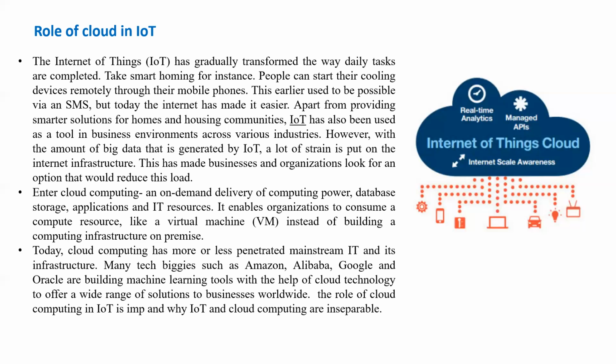Generally this cloud-based environment is very suitable for Internet of Things, as it is producing a large amount of data, and it also requires computing services. It may also require networking services. All these things are provided by the cloud, and hence the cloud plays a very important role in Internet of Things.